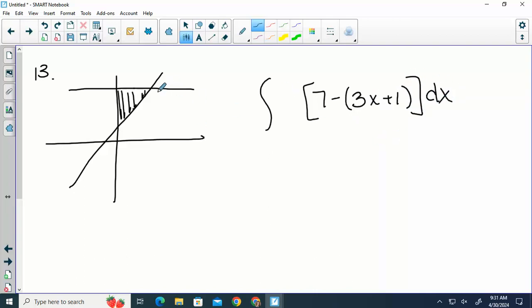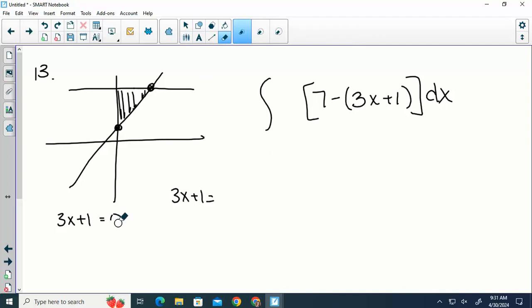Okay, we need our intersection points. So, we need our left and right hand points. This point is where our line, 3x plus 1, was equal to 0. Oh, hold on. We don't want to say equal to 0, though. If you set it equal to 0, you're finding the y value.